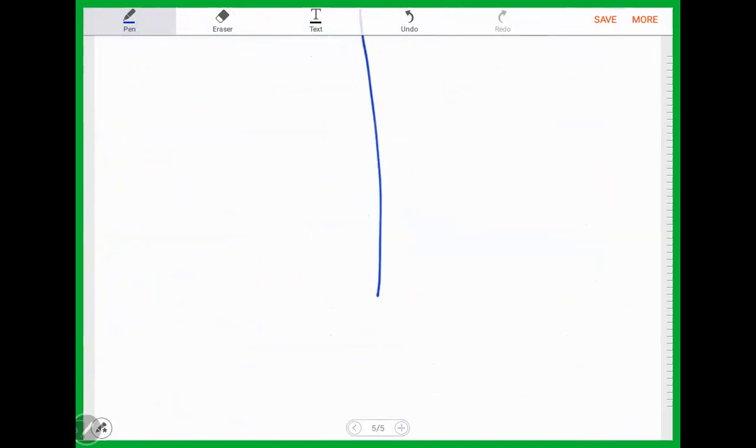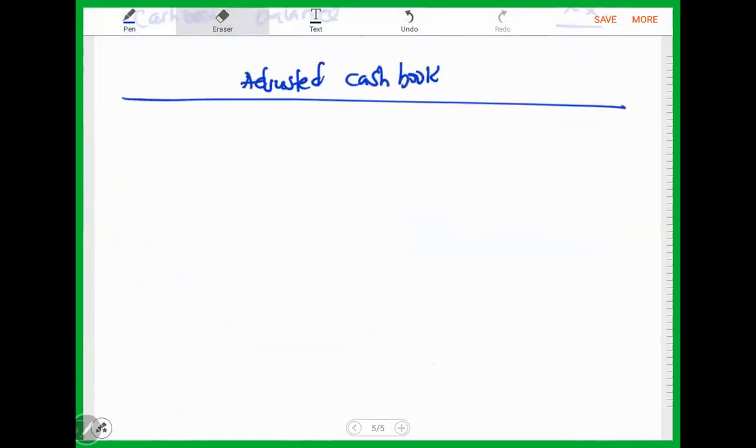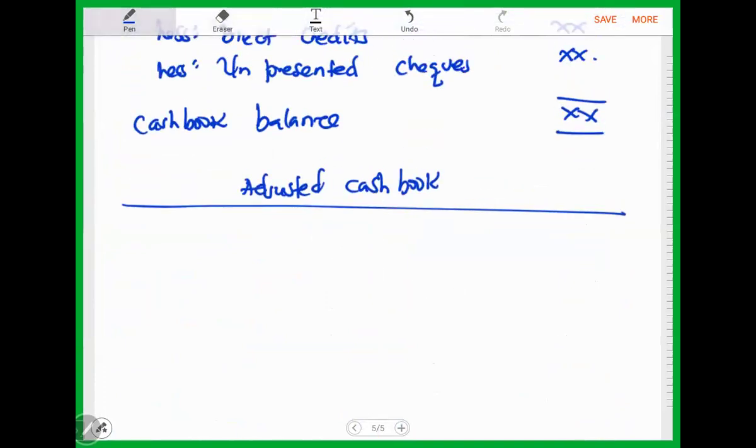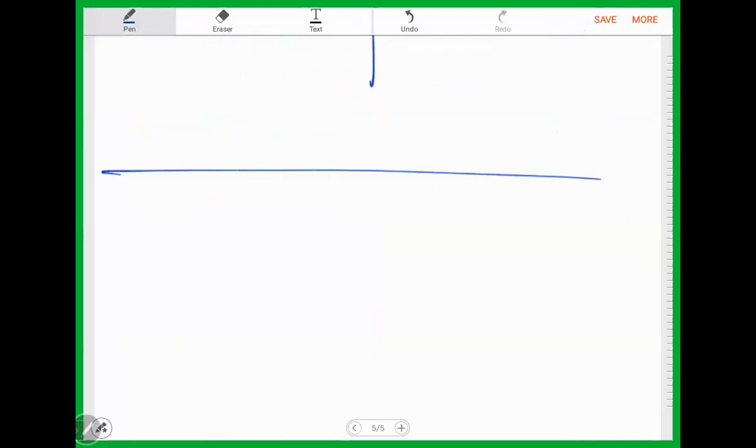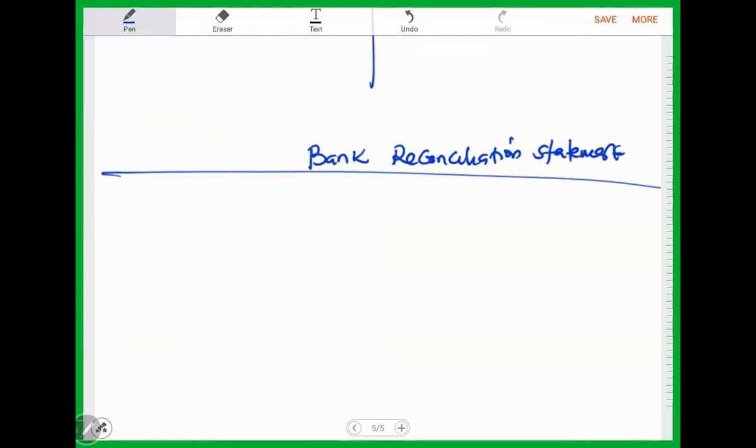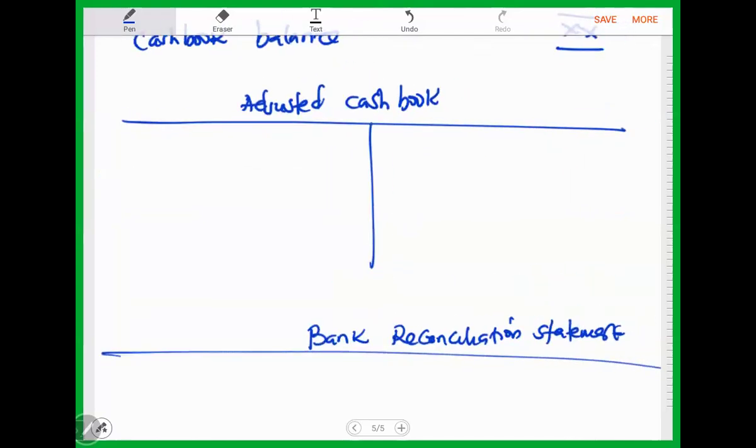And then here I have a bank reconciliation statement. So if I have to come up with an adjusted cash book, if I have any balance from the previous cash book that has been provided, which has issues, it is what I'll start with here, balance forward.